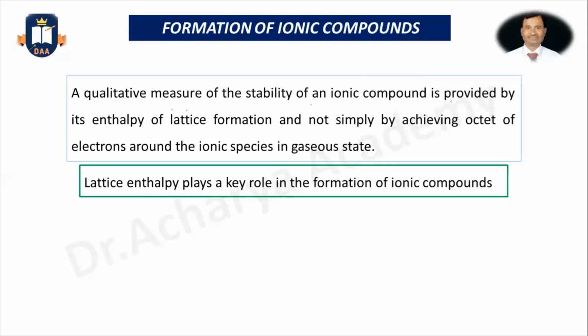Here the energy released to form the final crystal state is the factor. So the measure of the stability of an ionic compound is provided by its enthalpy of lattice formation, and not simply by achieving an octet of electrons around the ionic species in gaseous state. So now another term we should know, lattice enthalpy, which plays a key role in the formation of ionic compounds.